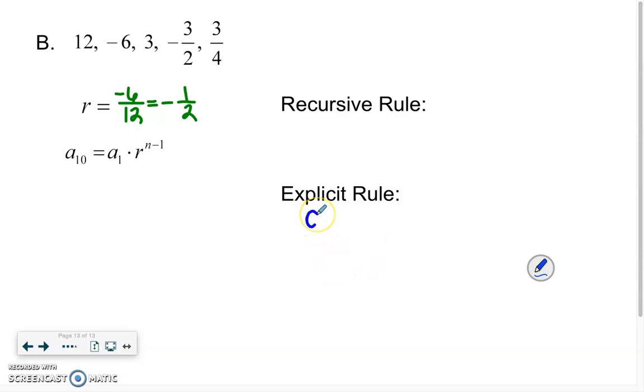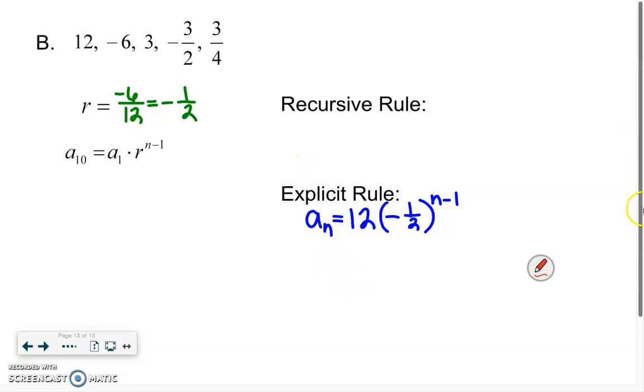Okay, I'm going to go down and do my explicit rule because in my mind that makes most sense to do next. And so the explicit rule says take whatever your first term is, so 12. Your common ratio goes in the parentheses, and we raise it to the n minus 1 power. There's your explicit rule.